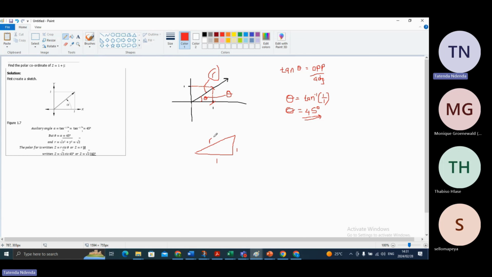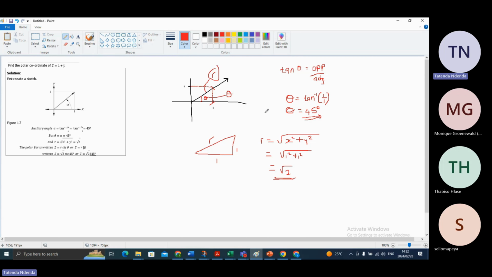I'm going to use Pythagoras theorem to say r is equal to the root of x squared plus y squared, which is equal to the root of 1 squared plus 1 squared. That's going to be root of 2. You can leave it as root of 2, or you can resolve it, but I always like to leave it as root of 2, right?